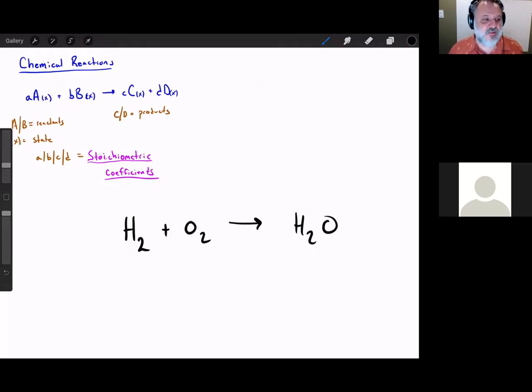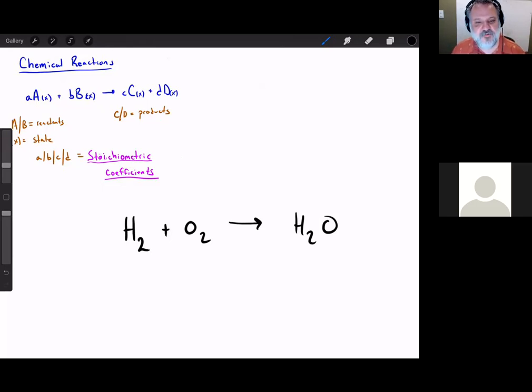Physical reality means that I can't create or destroy matter in terms of chemistry. So that means that if I start off with 2 hydrogen atoms and 2 oxygen atoms, then I really must end up with 2 hydrogen atoms and 2 oxygen atoms. And right now, that's not what the reaction says. Right now, it says that I got 2 hydrogen atoms, 2 oxygen atoms, and I end up with 2 hydrogen atoms and only 1 oxygen atom.